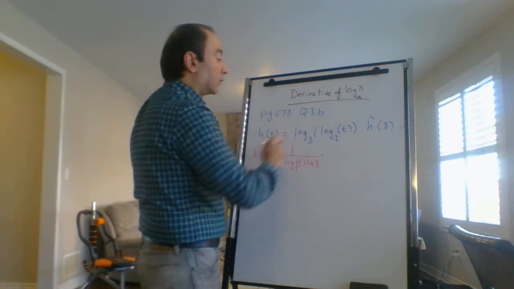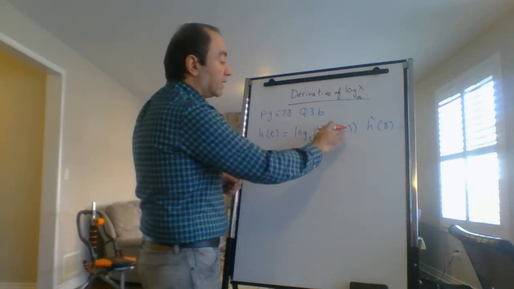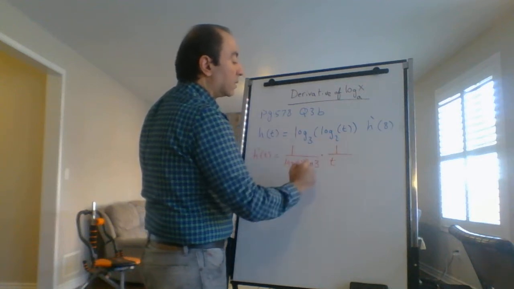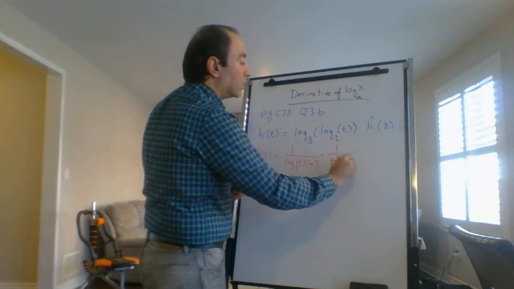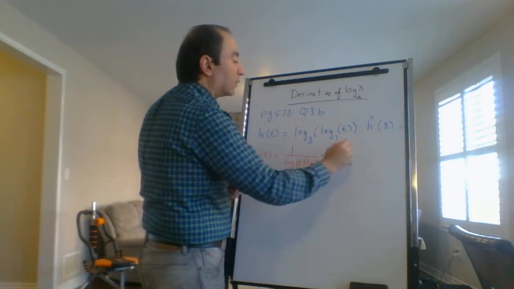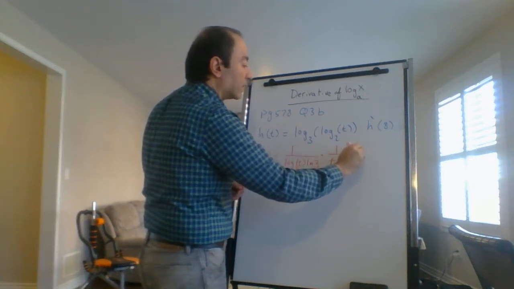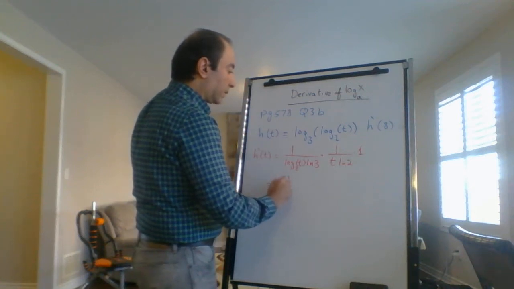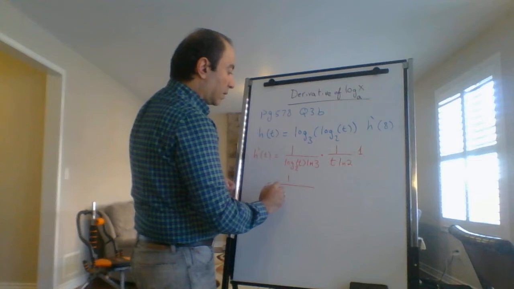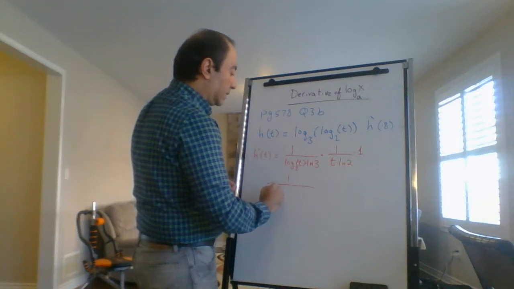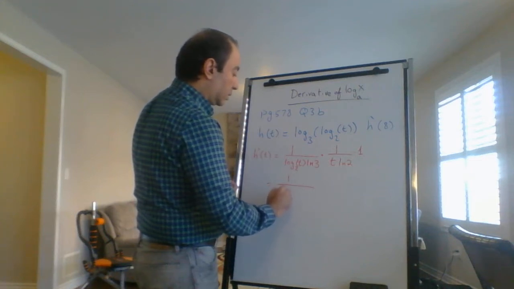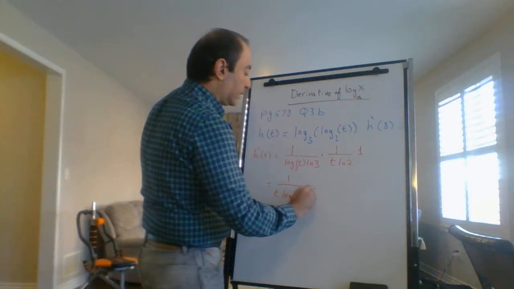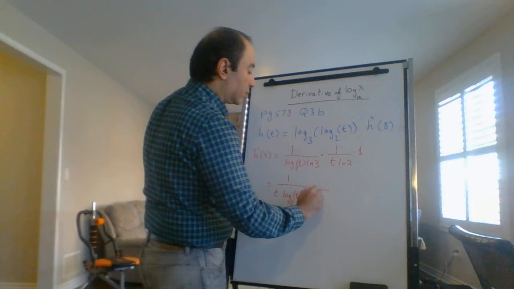The derivative of log t base 2 is 1 over t ln 2 times the derivative of t, which is 1. So the answer will be 1 over t log base 2 of t ln 3 times ln 2.